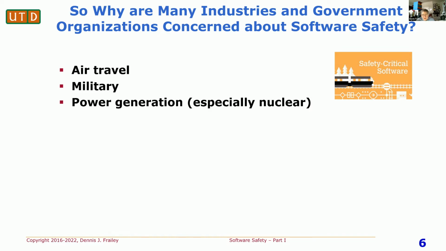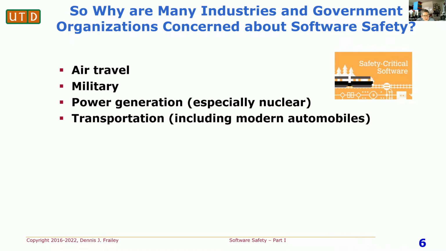Power generation, especially nuclear power, where you have a very high level of energy being controlled by machines and computers. The software is doing a lot of that control.